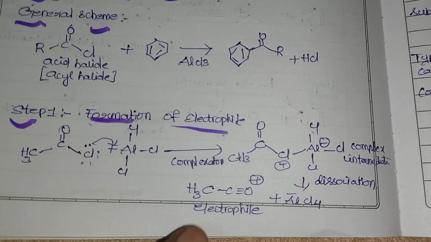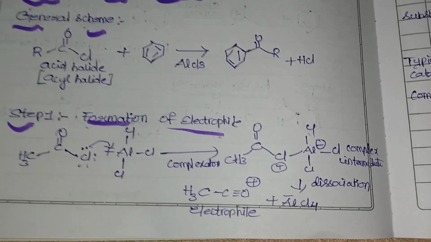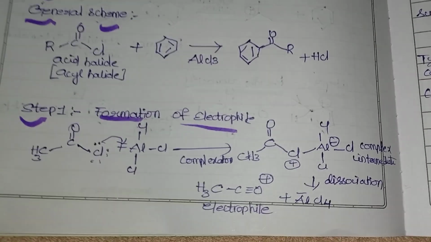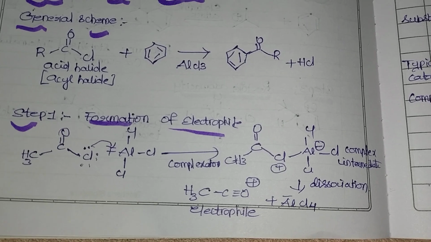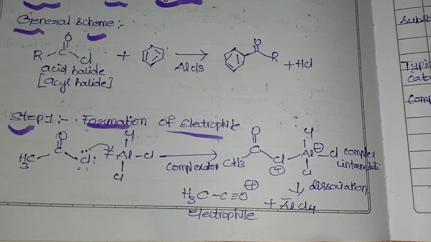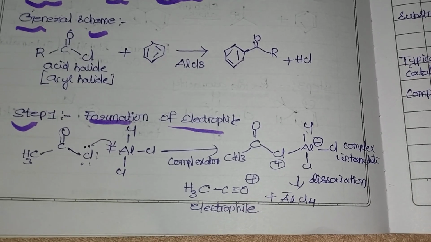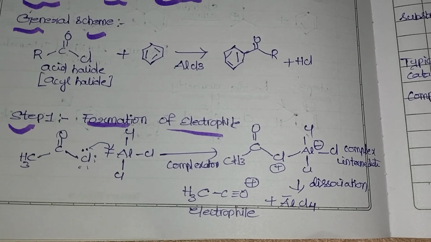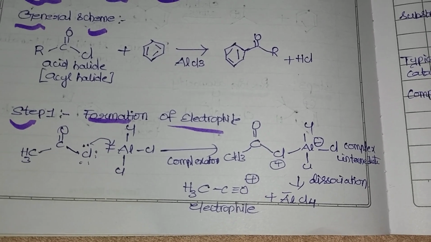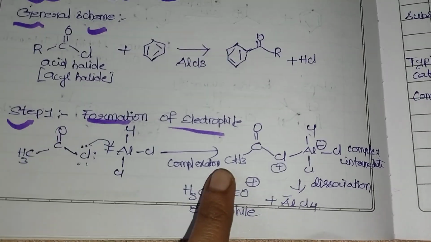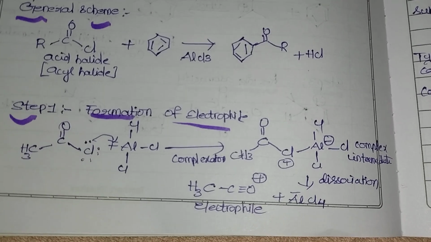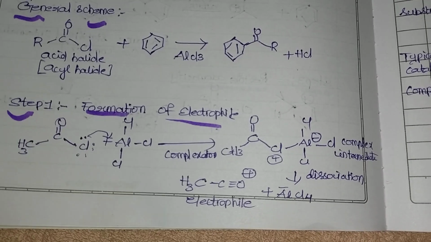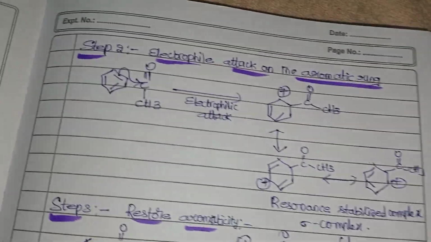This electrophile will attack the aromatic ring. The difference between Friedel-Crafts alkylation and acylation is that in alkylation the carbocation formed will rearrange, and here the electrophile formed is not a carbocation. Let's see step 2.